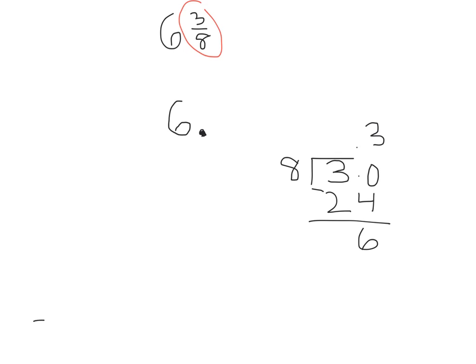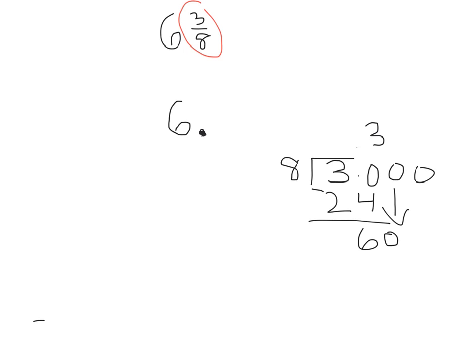Now, since I have a remainder, I need to bring down another 0. I could add as many zeros as I wanted right here. And I would keep doing that until either I have established a pattern in my decimal, and that means it's repeating, or I am left with no remainder, and that means that my decimal ends. So I'm going to bring down my 0, and I'm going to think, how many times does 8 divide into 60?